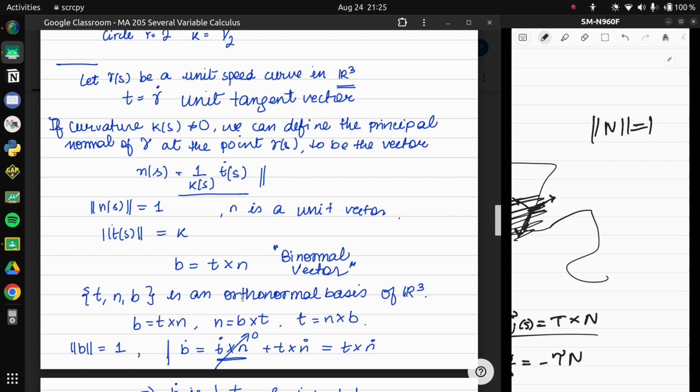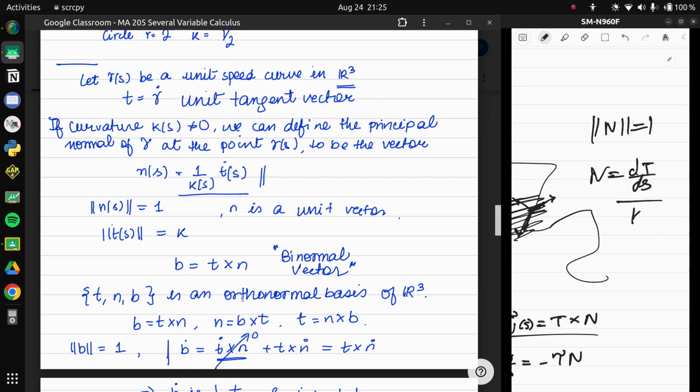How do you even prove this stuff? I don't know. But yeah, just take my word for it. N is defined to be such that its magnitude is 1. Alright. And I did say n is defined to be dt by ds. That's not correct. It's defined to be dt upon ds upon the curvature, because this guy's magnitude is the kappa thing.